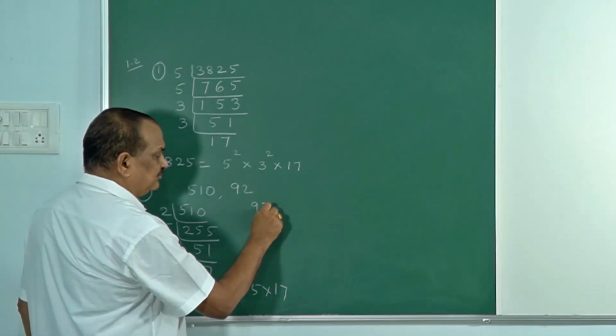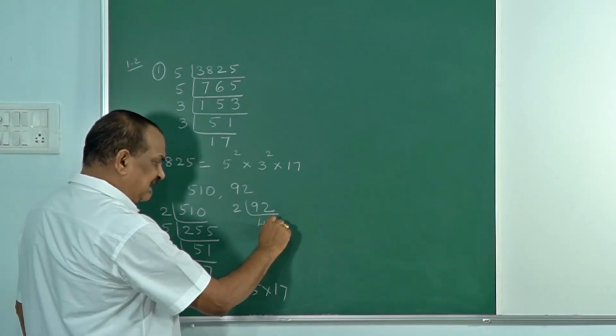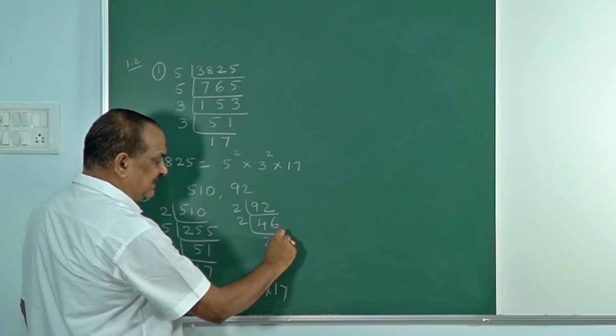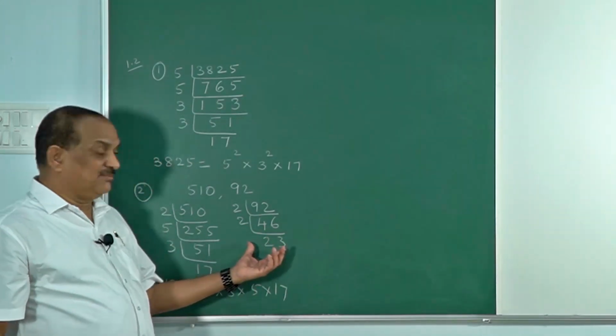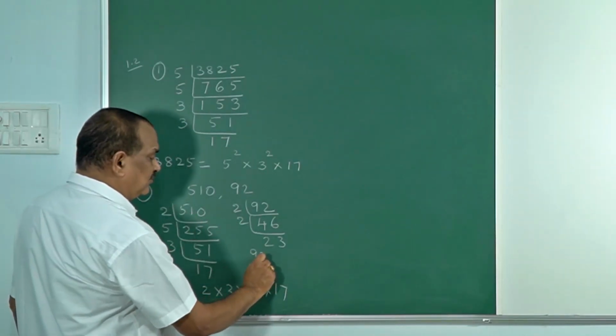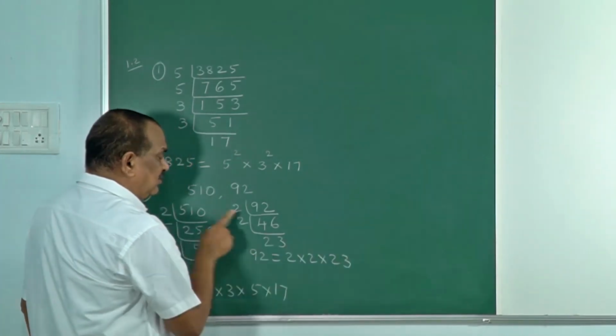We will take the second number, 92. 2 goes in this one 46 times, and 2 goes in this 46 23 times. 23 is a prime number, so just leave it, it's over. So your 92 can be written as 2 times 2 times 23.